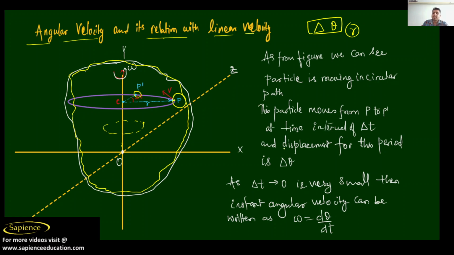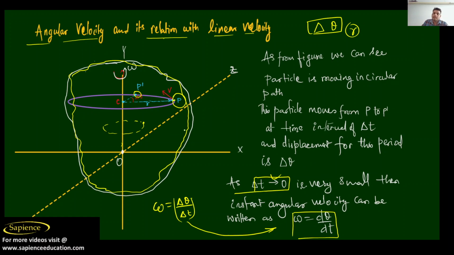So angular velocity can be written as omega equals delta theta, the angular displacement, by the time period delta t. If delta t tends to 0, a very small time interval, then we can write omega is equal to d theta by dt. So this is all about the particle's angular velocity.